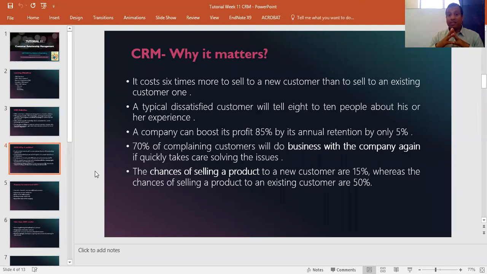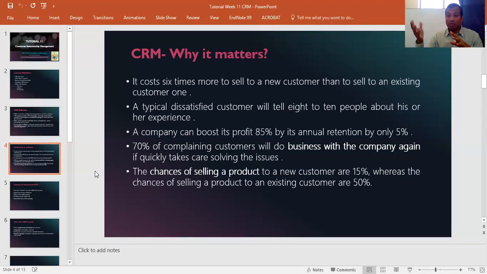It costs 6 times more to sell to a new customer than to sell to an existing customer. In terms of costing, acquiring a new customer costs 6 times higher. Second very important point: the typical dissatisfied customer will tell 8 to 10 people about his or her bad experiences.